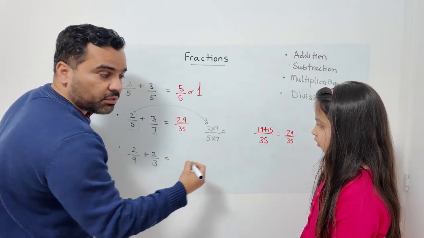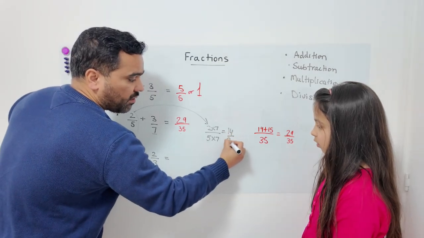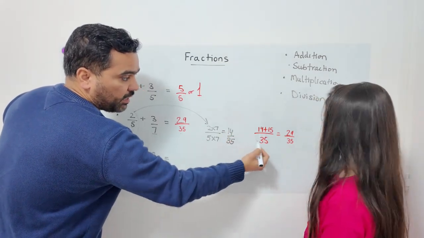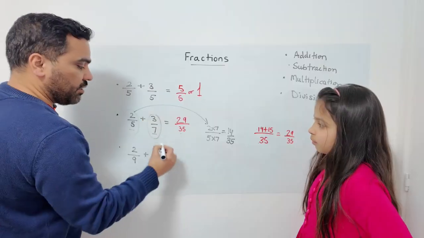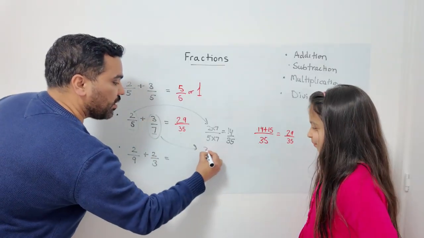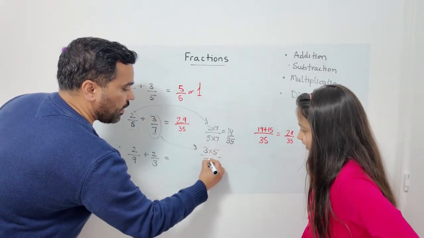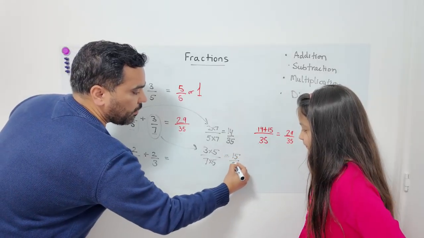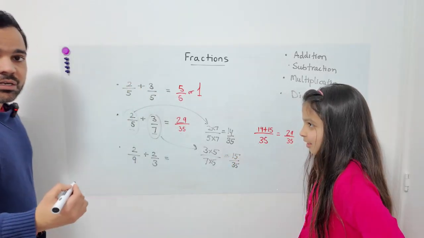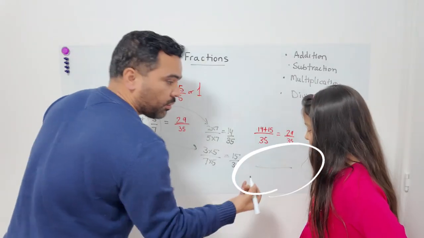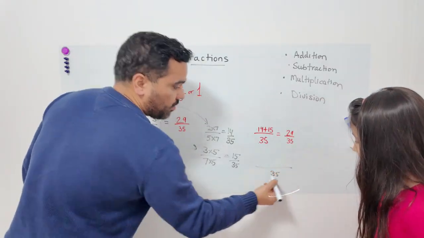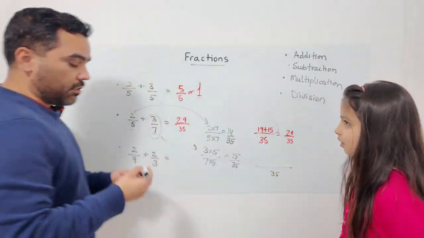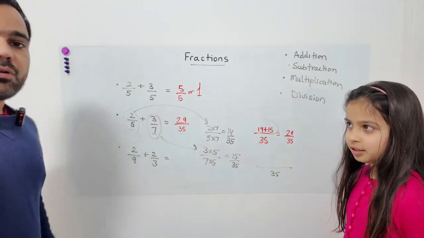So this fraction becomes 14 over 35. Similarly, this fraction you multiplied by 5, both by the same number, so that gives you 15 over 35. And so what you can do is one common line, the denominator common, and the rest is what you have done here.